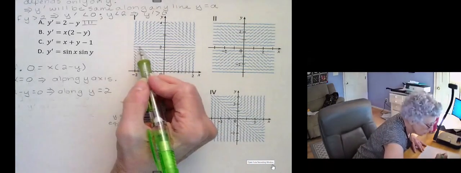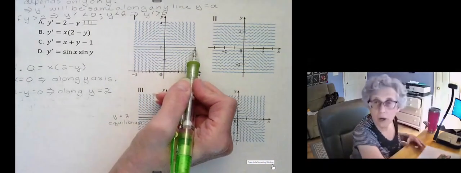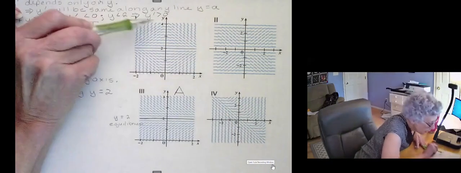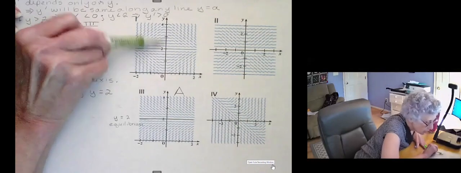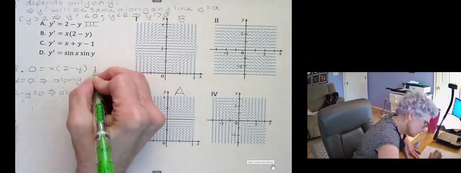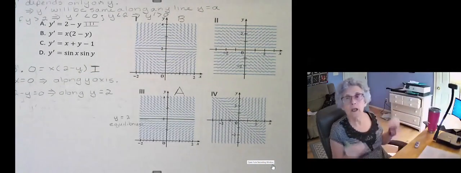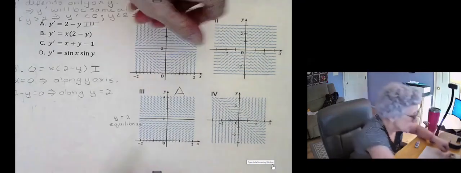Oh, well, let's look at number 1. We have flat lines all along y equals 2, and we have flat lines all along the y-axis. So this is going to be B, and this is going to be slope field number 1.